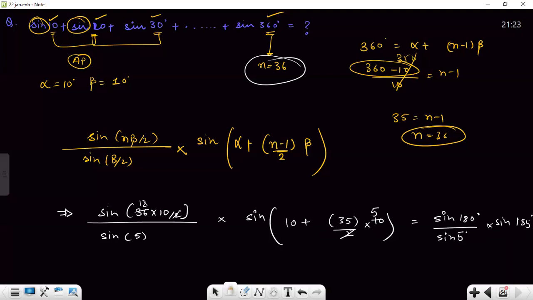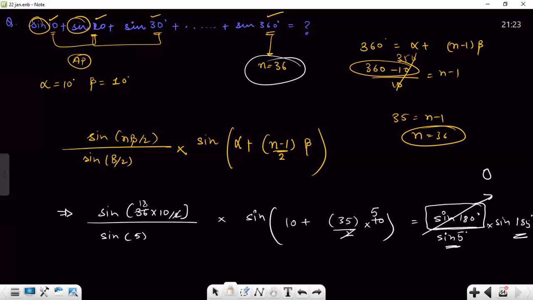That is our answer. How? We don't know the value of sine of 5 degrees and sine of 185 degrees. I'll say chill, because we know the value of sine 180 degrees, which is 0. Sine of 180 degrees is equal to 0.